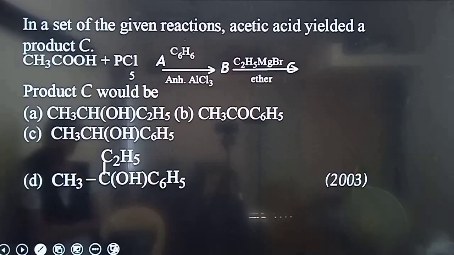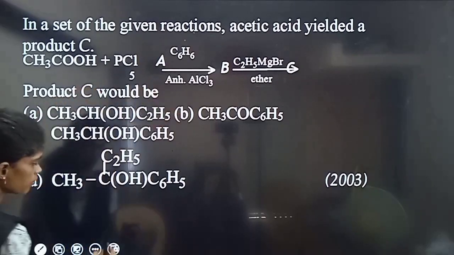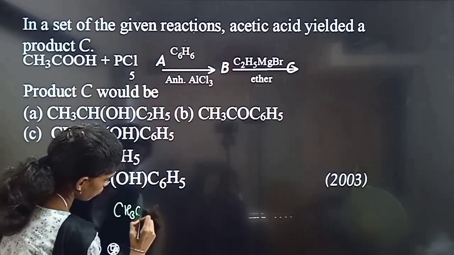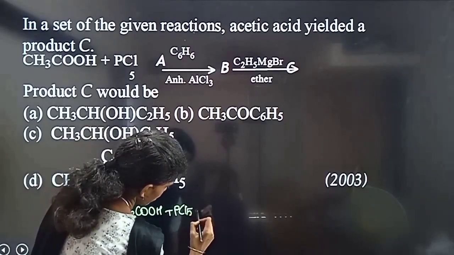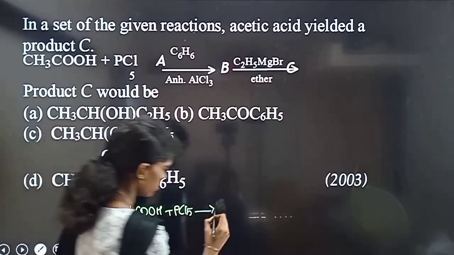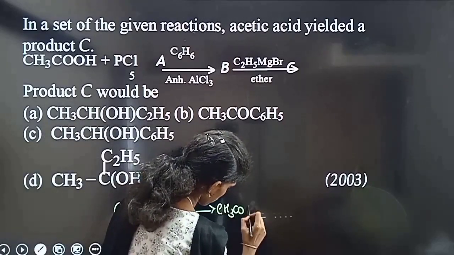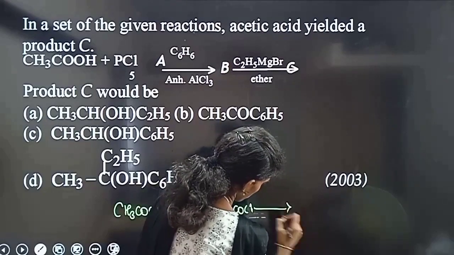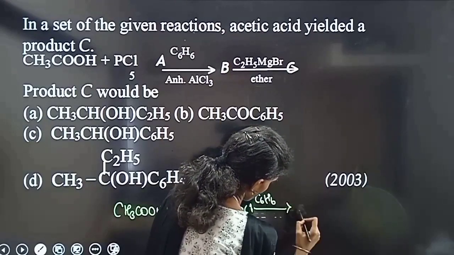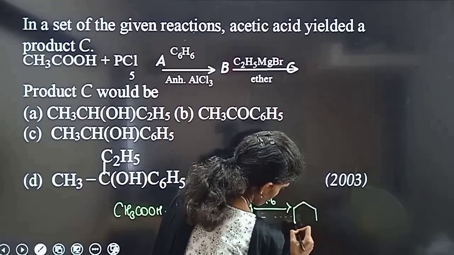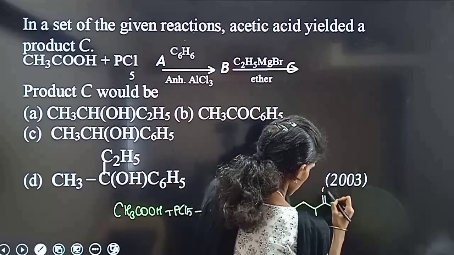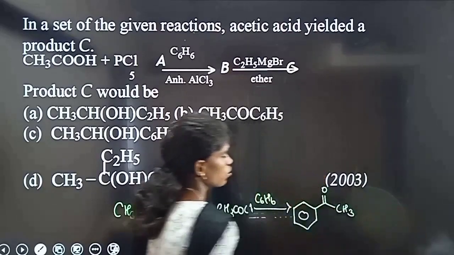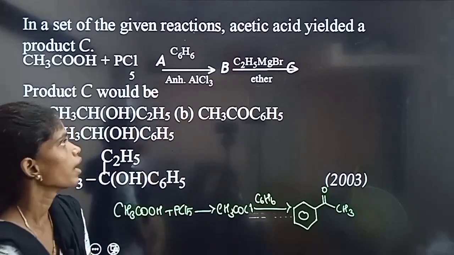In the set of given reactions, acetic acid yielded a product C. Same type, up to here it is the same. When treated with PCl5, this also will be replaced the same way. So up to here same as that of the previous one.